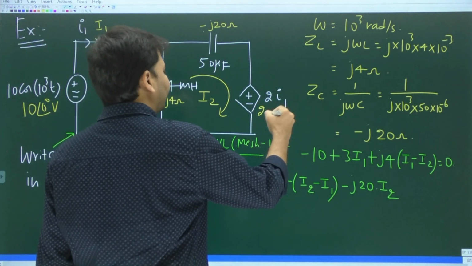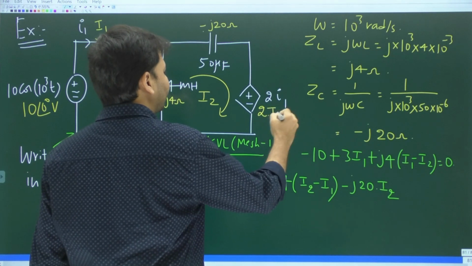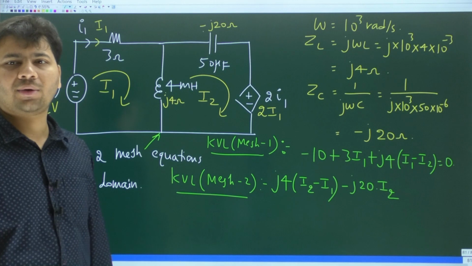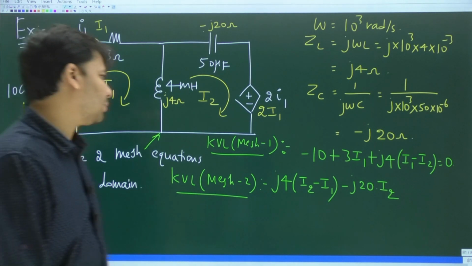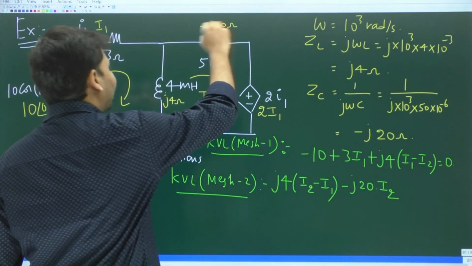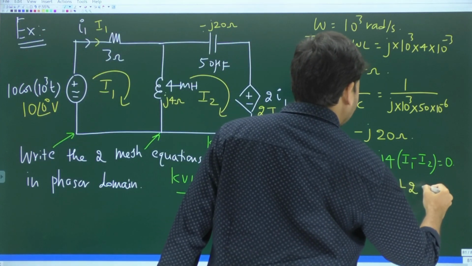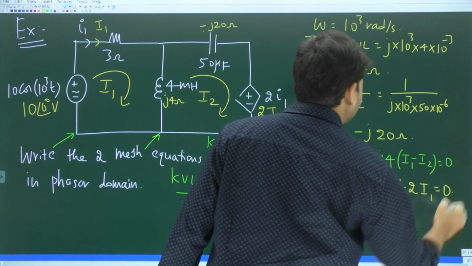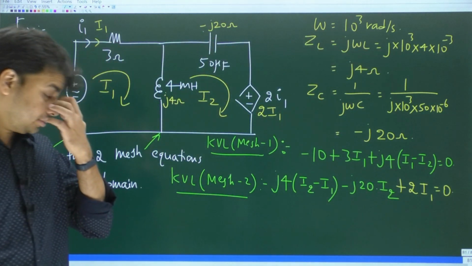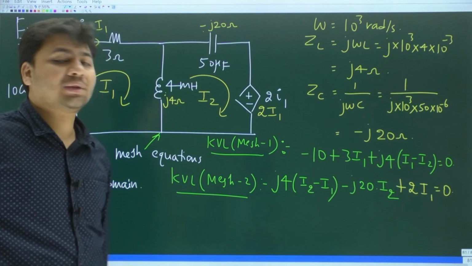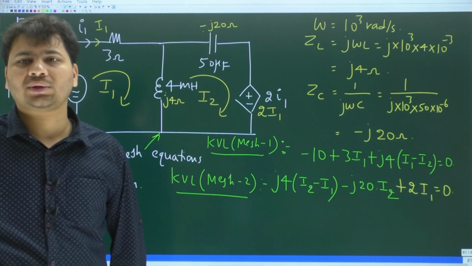So in the phasor domain, the value of the dependent source is going to be 2 times capital I1. I just replace small i1 with capital I1. That's all. So as you go like this, are you not encountering plus? Write down plus 2 I1 equal to 0.